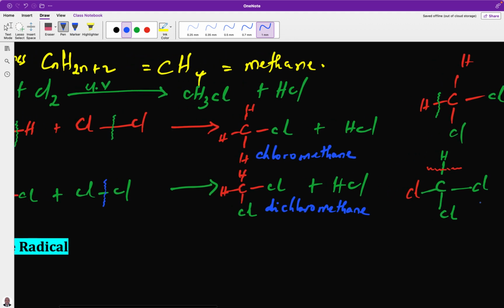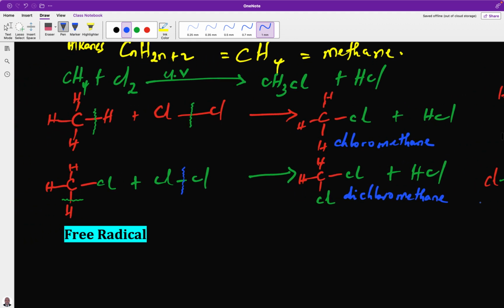Now it takes us to the next substitution reaction, which is the free radical substitution reaction of alkane. What is a free radical?